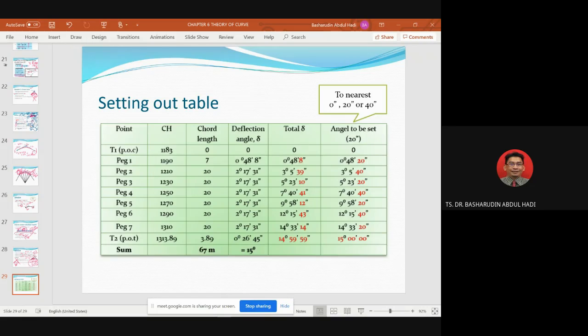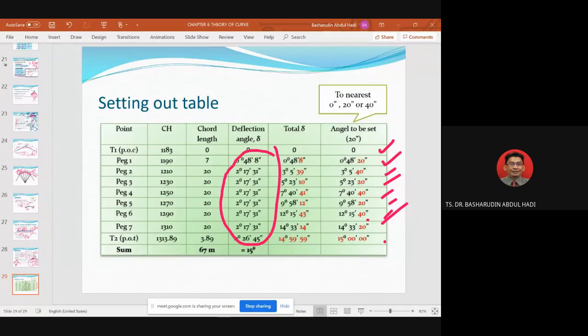And still remember that you can see this one, we start with 0 angle, and this is our first, second, and third one, fourth, fifth, sixth, seventh, and then the last angle. This one is the last angle. The important part is this calculation.